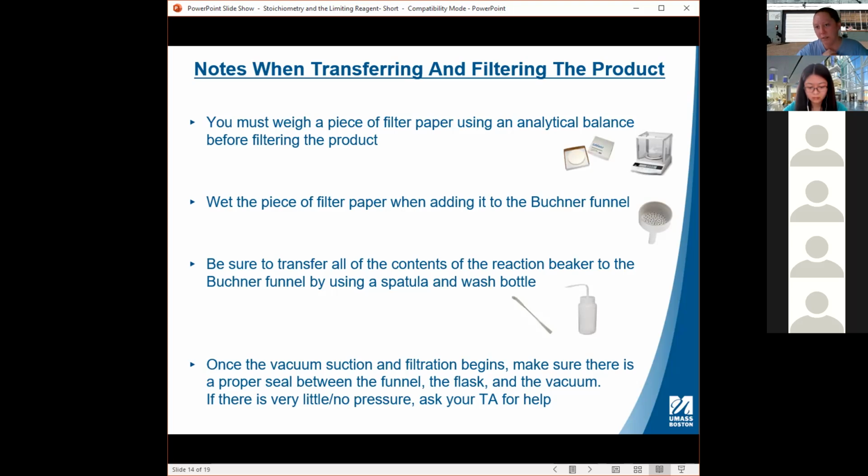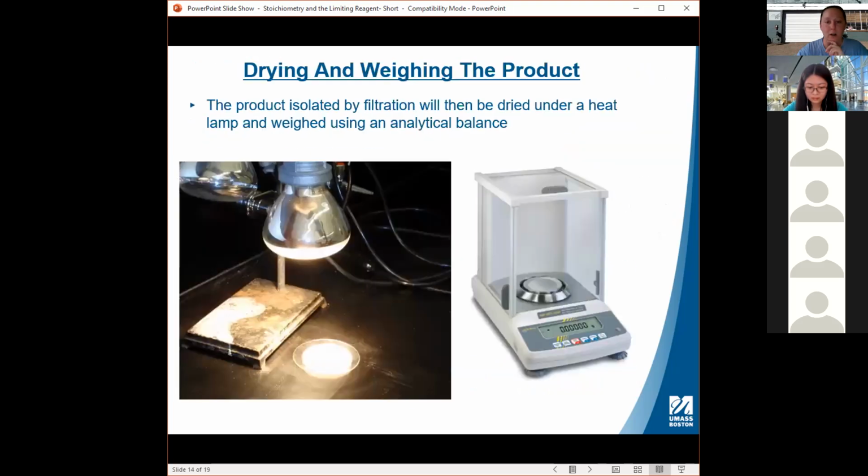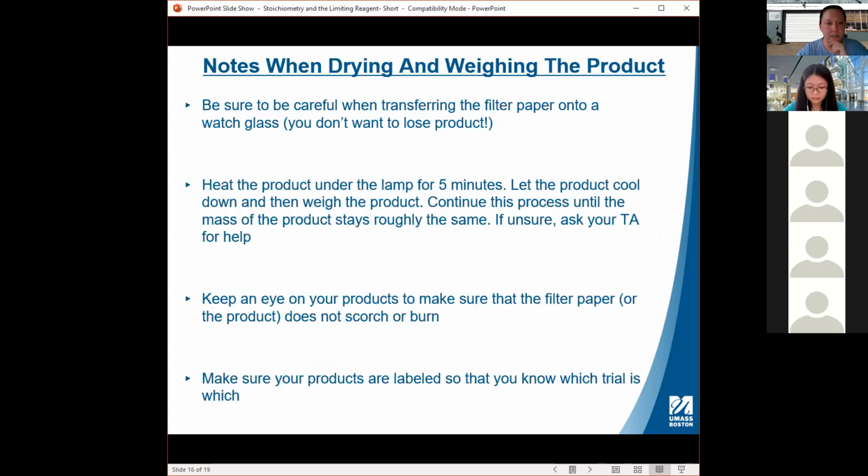We'll do that once, then you put it back under the heat lamp again for a certain amount of time, and then you reweigh it. If the weights of the second and third weighings, after evaporation, are about the same, that means there's no more water that needs to be evaporated. Okay, and then the last thing to do is to make sure we clean up all of our materials.